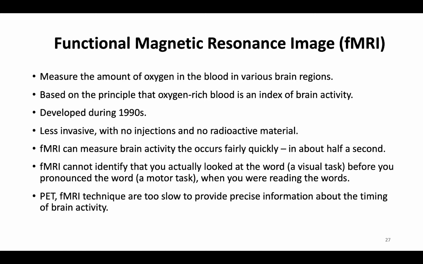But fMRI cannot identify that you actually look at the word before you pronounce the word when you are reading. It means the outcome from fMRI lags behind by a certain time.